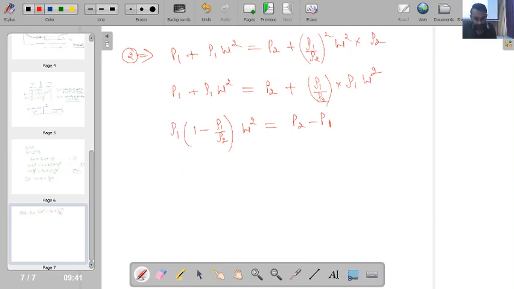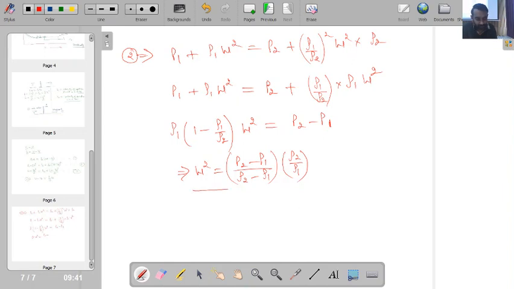This further simplifies to W square equal to P2 minus P1 divided by rho 2 minus rho 1, multiplied by rho 2 by rho 1.